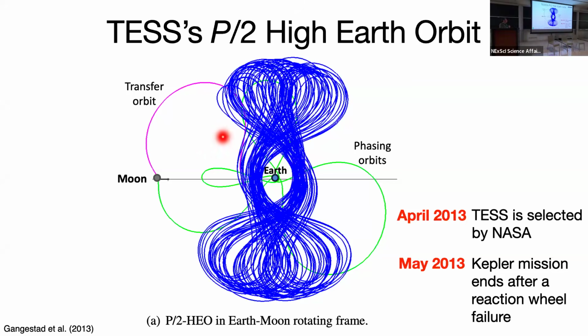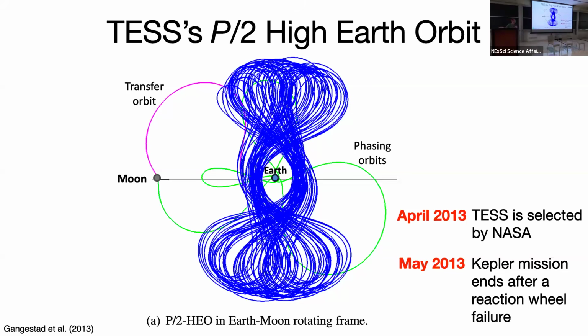And it's arranged, so this is the Earth-Moon frame of reference, rotating along with the moon's motion, so that at every apogee, the spacecraft is alternately 90 degrees behind or ahead of the moon, and that causes a partial cancellation of those lunar perturbations that allows the TESS orbit to be stable for many decades. So that's pretty neat. I think that was really the key to the success of our NASA proposal that was ultimately accepted. So that was fun, and TESS was approved by NASA in April 2013.